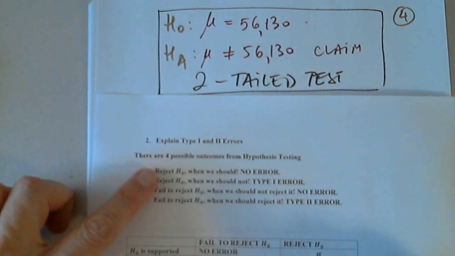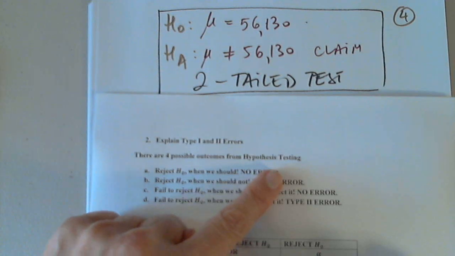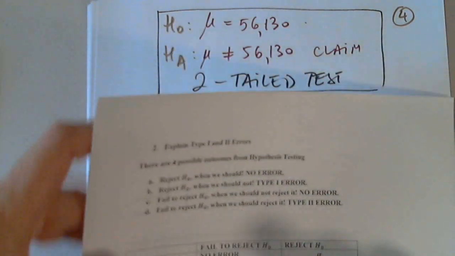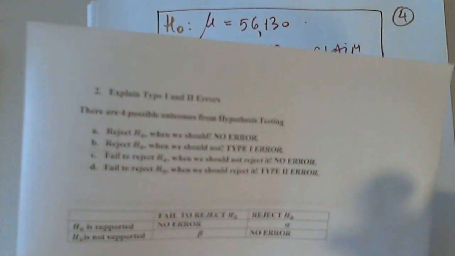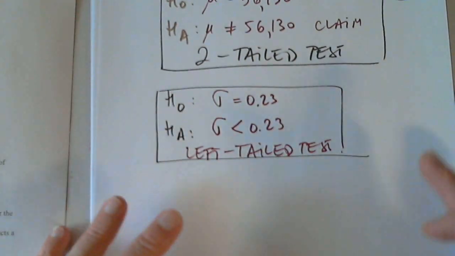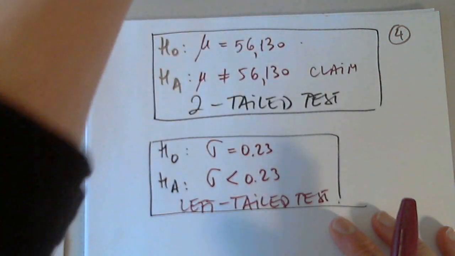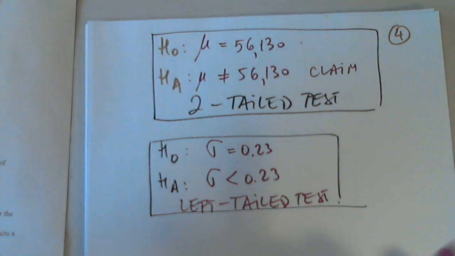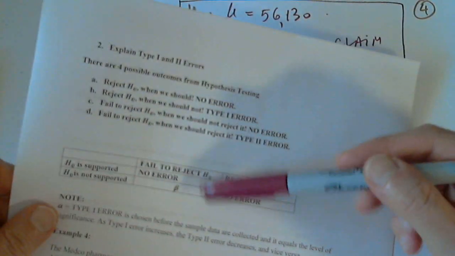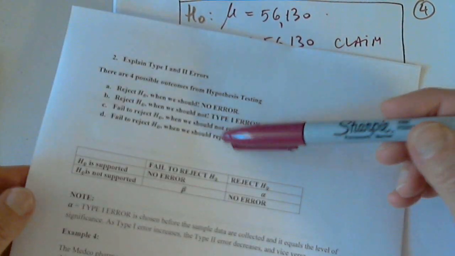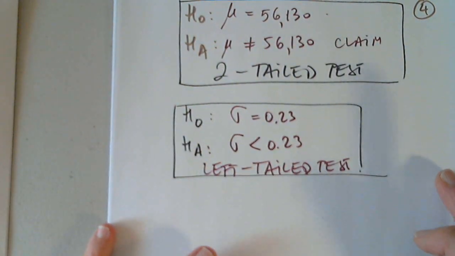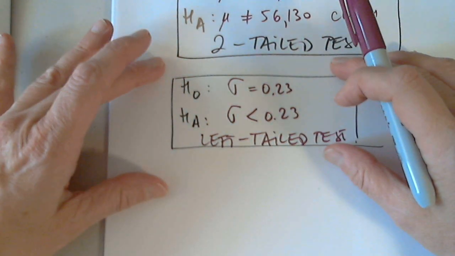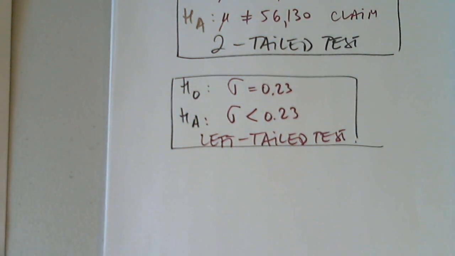Now, there are 4 possible outcomes for hypothesis testing. First of all, what could the results be? Maybe we should write a couple of possibilities before I explain the error types. What could the conclusions be?